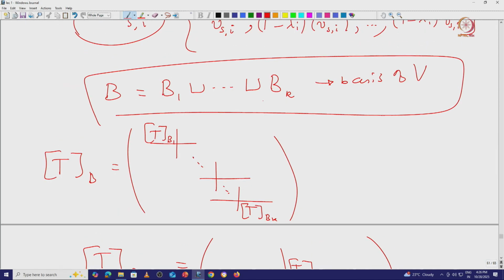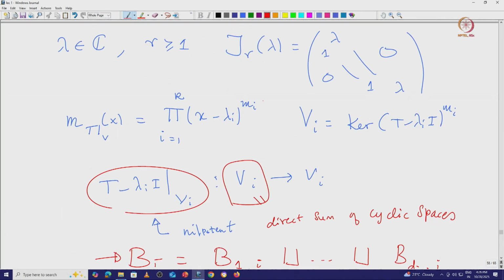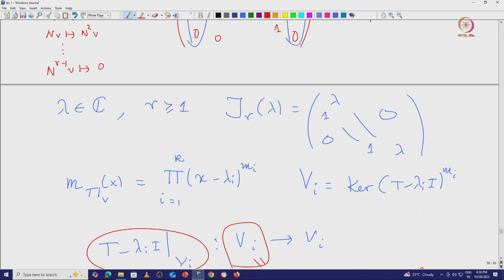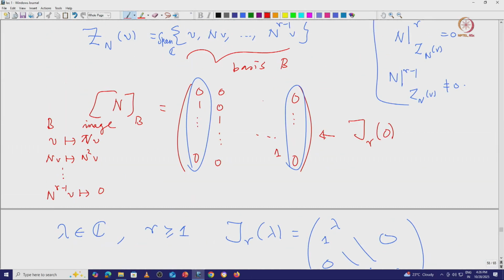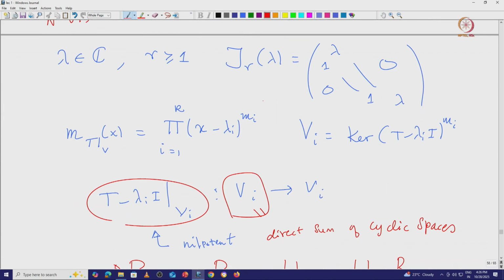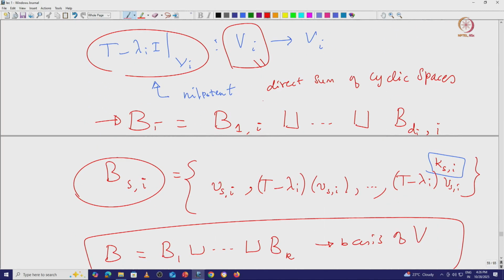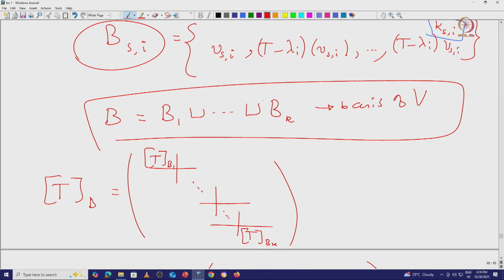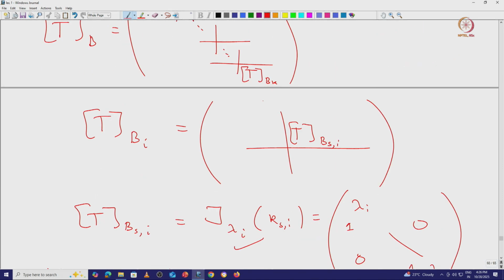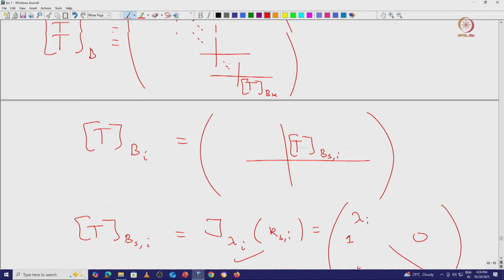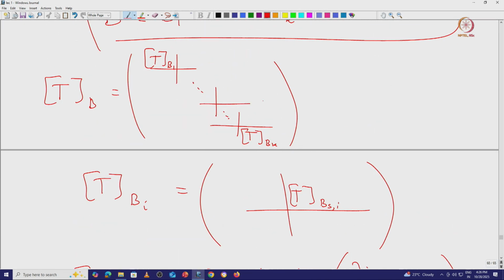So, from this you can see that if you start with a general transformation T, you can use primary decomposition to get a direct sum of generalized eigenspaces, then use cyclic decomposition to get a somewhat nicer basis, and with respect to that basis the matrix looks exactly like this.